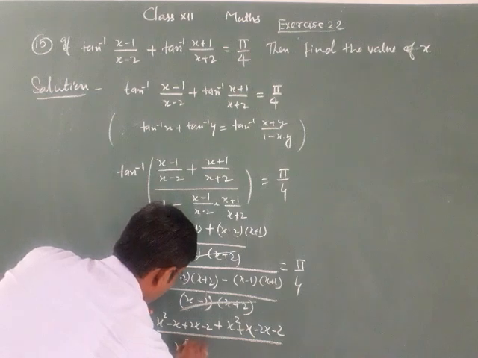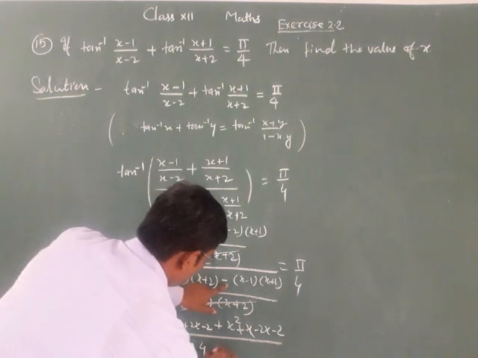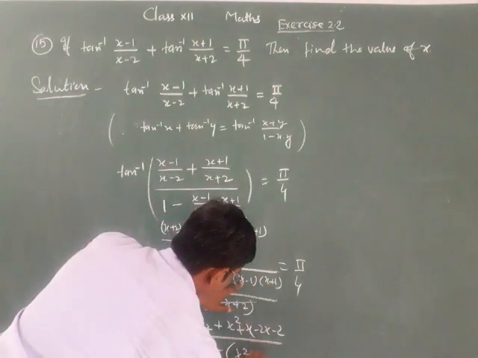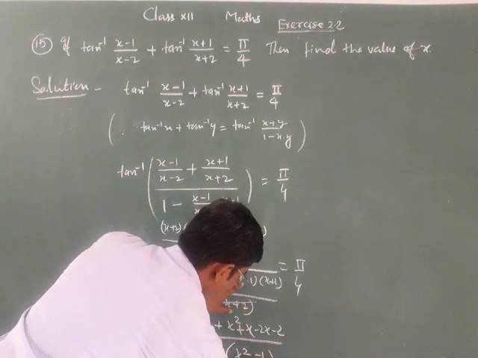So x² − 4, and minus (a−b)(a+b), so x² − 1².